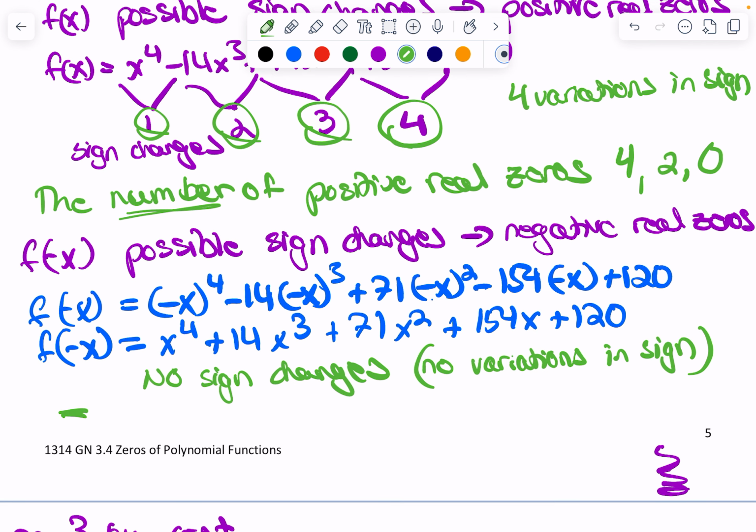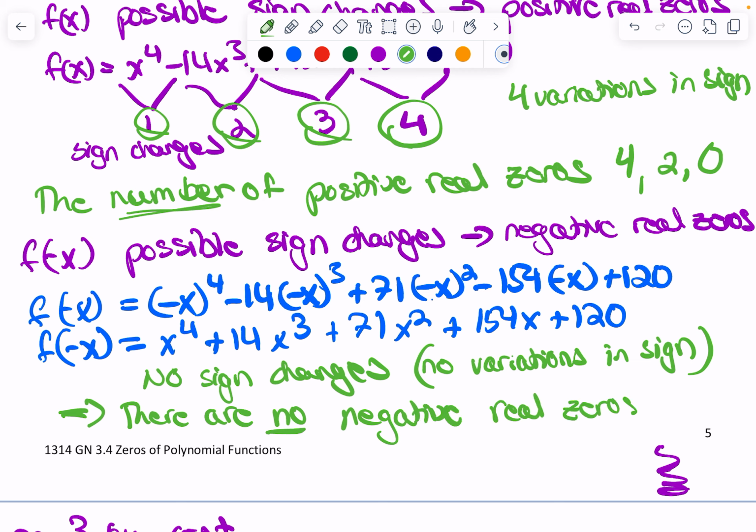So that means that there are no negative real zeros for f, or f of x. Okay, that's it for this lesson.